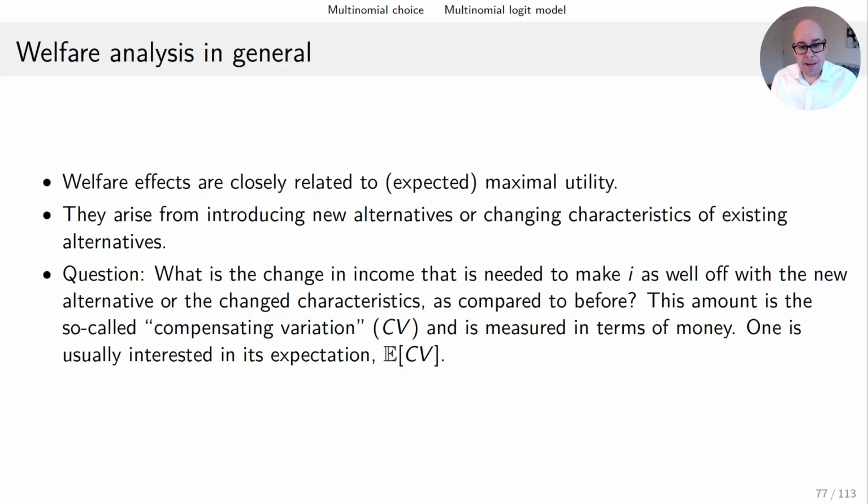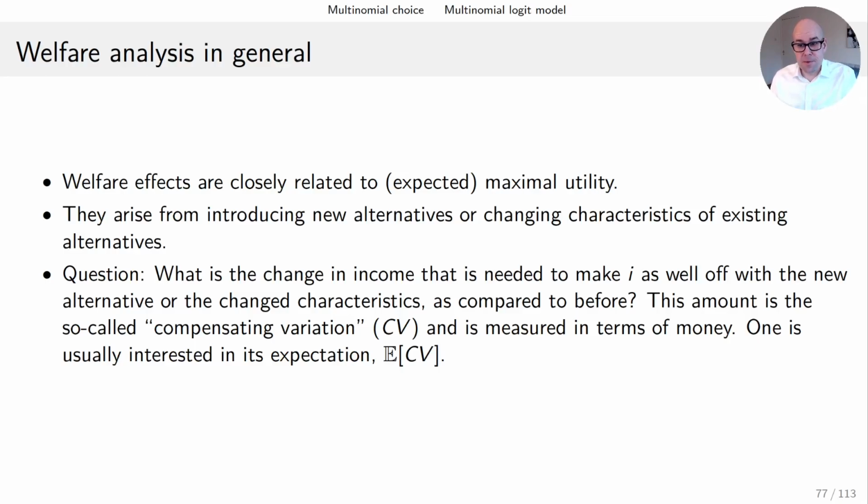So it's very complex, and we can use the model here to quantify welfare effects really in terms of money, in fact. Now, what are we going to look at? We're going to look at the change in income that is needed to make I as well off with the new alternative or the changed characteristics as compared to before. And this amount you have seen in microeconomics, that's called the compensating variation.